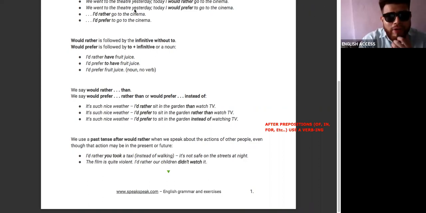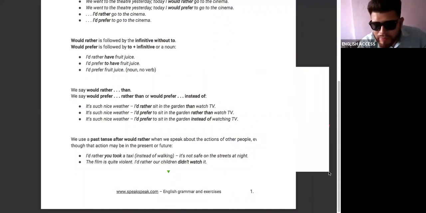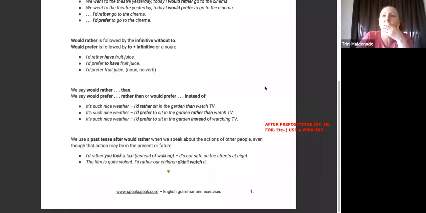So all of these notes, let's make a little tab over here.